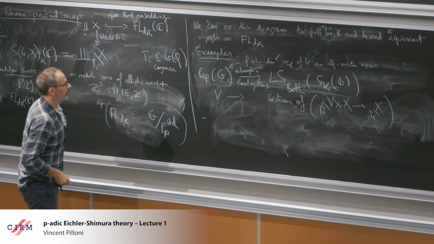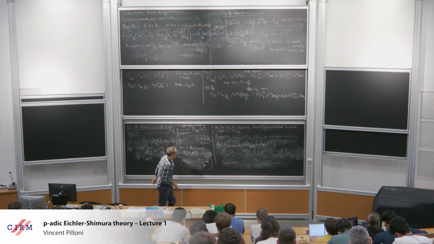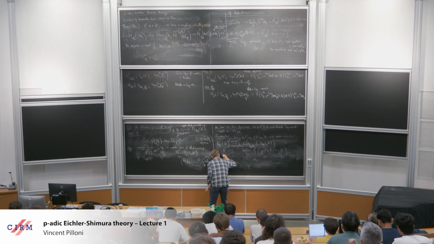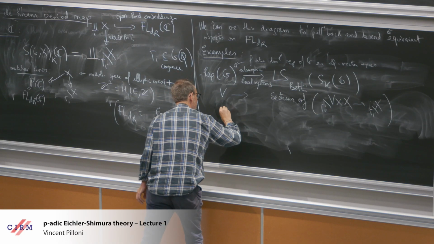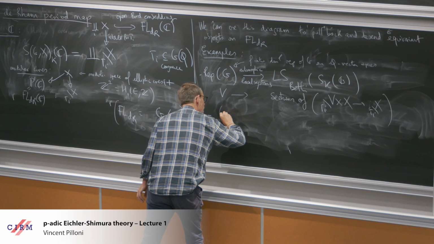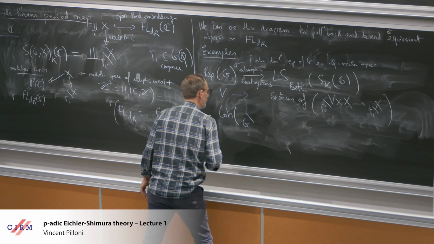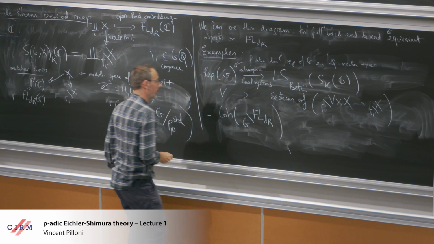Another key example is the so-called automorphic vector bundles. It's a bit more complicated, but you start from coherent sheaves on the quotient stack G modulo FL de Rham.